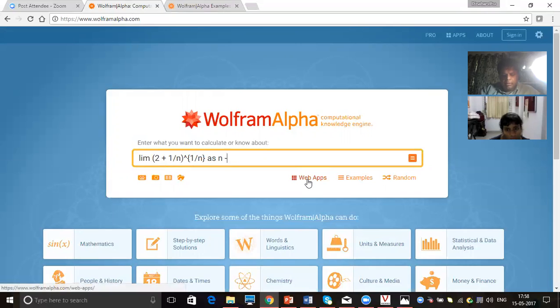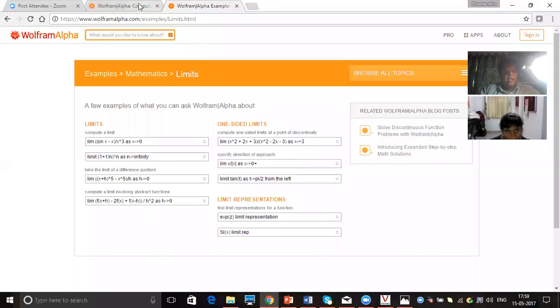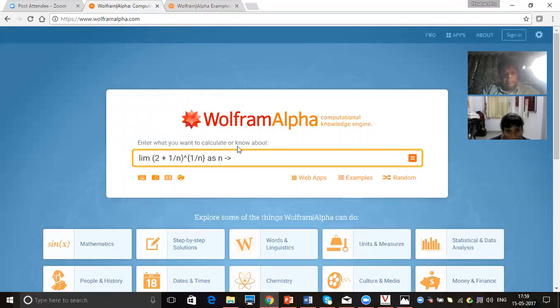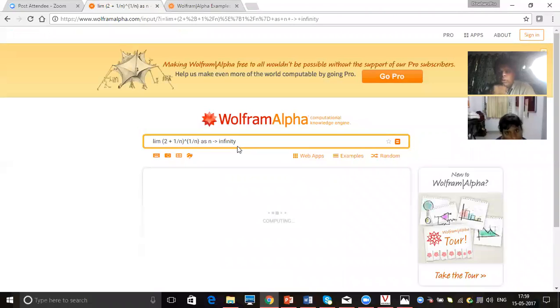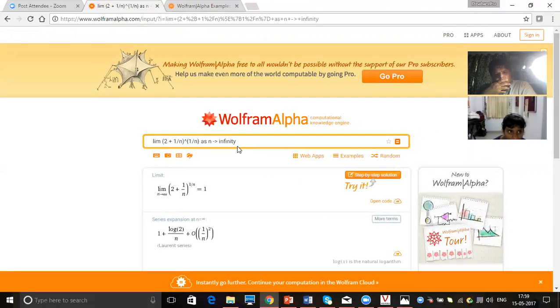Are you able to do that on your screen? Yeah, I can see it. So you're getting (2 plus 1/n) whole to the 1/n is equal to 1.